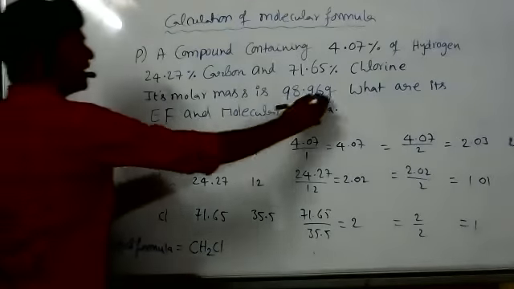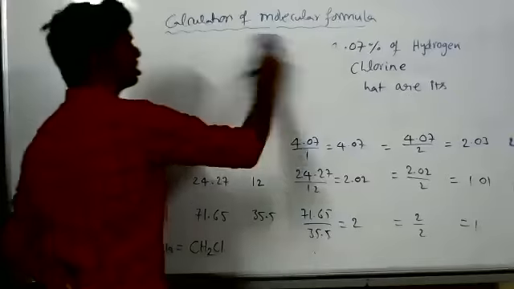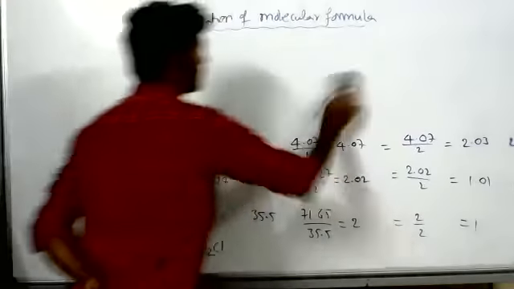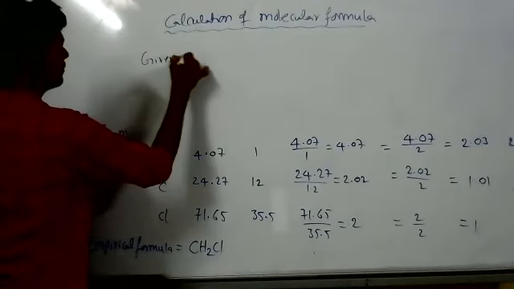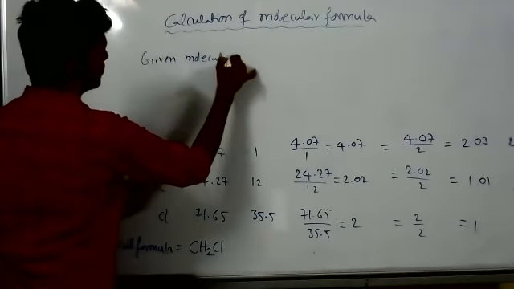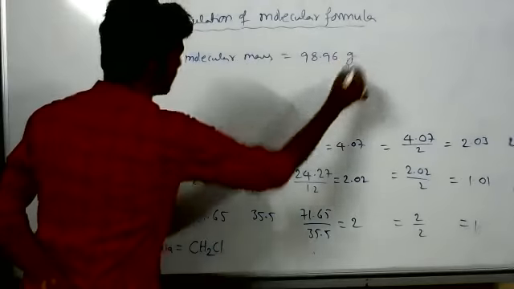Here the molar mass is 98.96. The given molar mass, or molecular mass, is 98.96 grams.